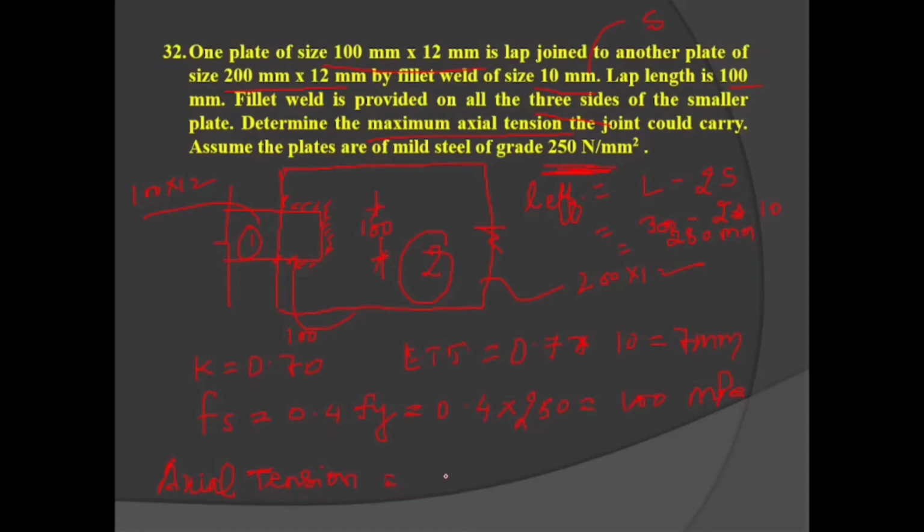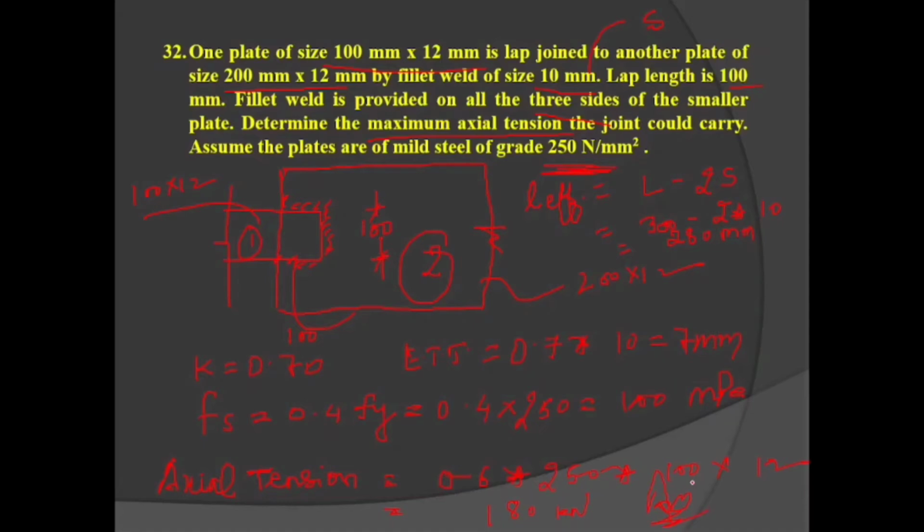Axial tension will be equal to 0.6 Fy, sigma 80, 0.6 Fy. Effective length of plate is 100 into 12, that is equal to 180 kilonewton. Answer. But we also have to calculate the value of the shear strength.